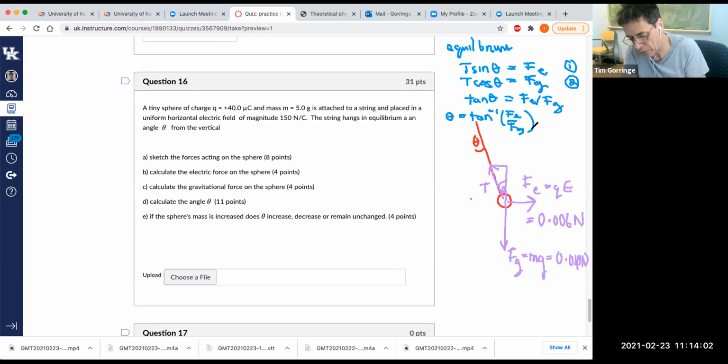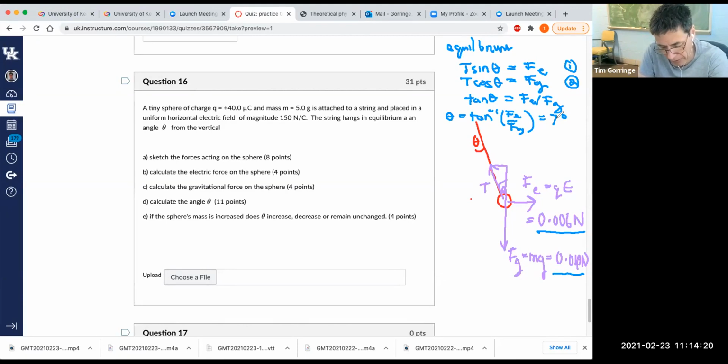And if you plug in 0.006 newtons divided by 0.049 newtons, take the inverse tangent, you get about 7 degrees, 7.0 degrees. And so that's the answer to part D.